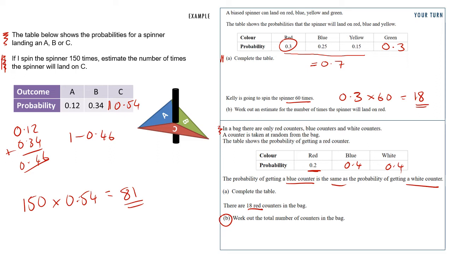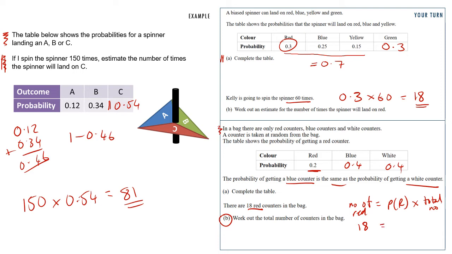So there's 18 red counters in the bag, and we want to know the total number of counters. Now, the number of red counters is equal to the probability of getting red multiplied by the total number of counters. We know there's 18 red counters.